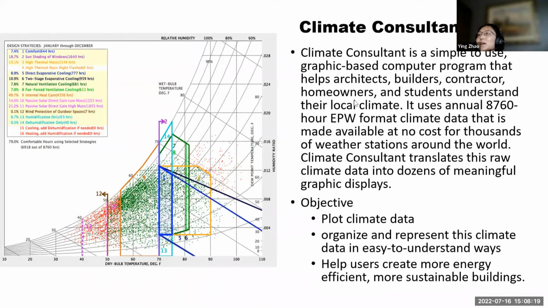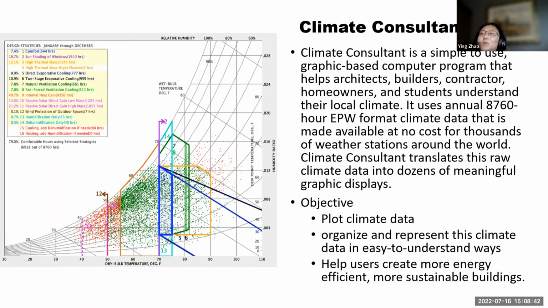You just import that data, and it can plot and organize and represent this climate data in easy to understand ways, and help users create more energy efficient buildings.